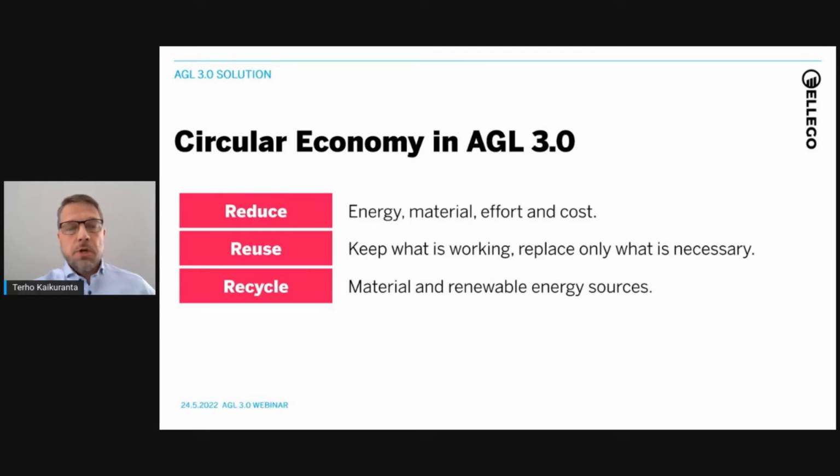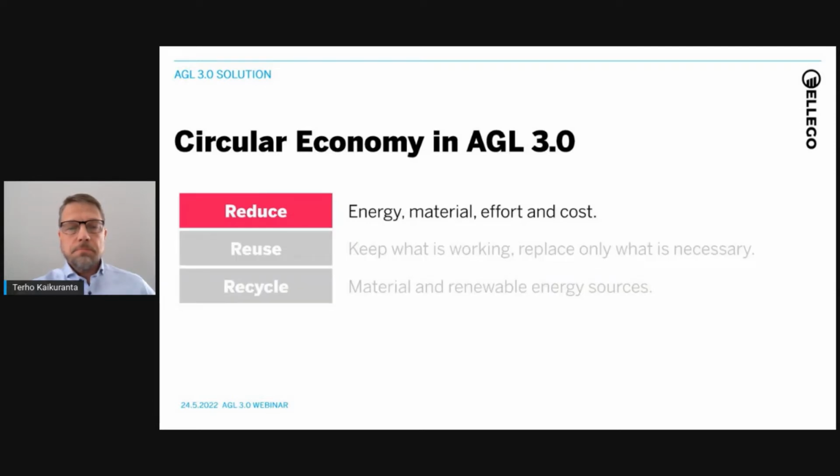The reuse part, the second principle, will focus on keeping what is working and replacing only what is necessary. And the third principle, recycling, of course means materials and energy sources which can be sustainable for the future. And let's now take a look at each of these three principles and what they mean in practice.